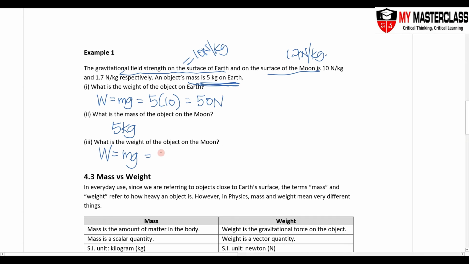Now the mass is still 5, but the moon's G value is not 10. The moon's G value is 1.7 only. So that gives me 8.5 newtons. So your weight is less on the moon. Your mass is the same.